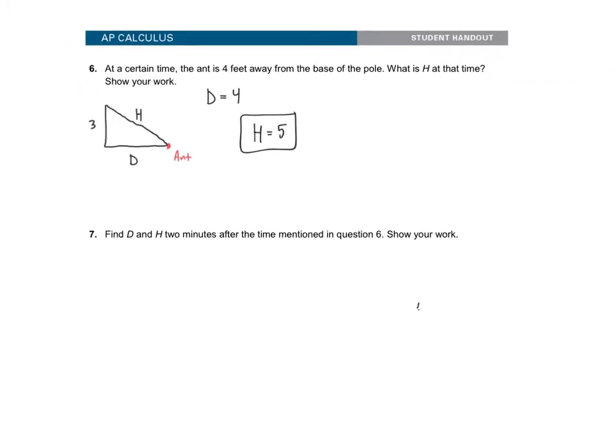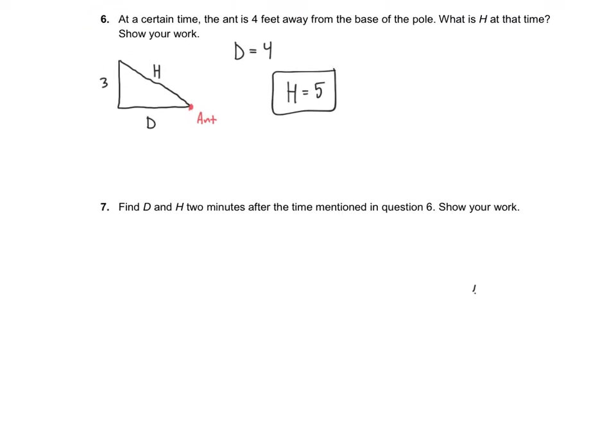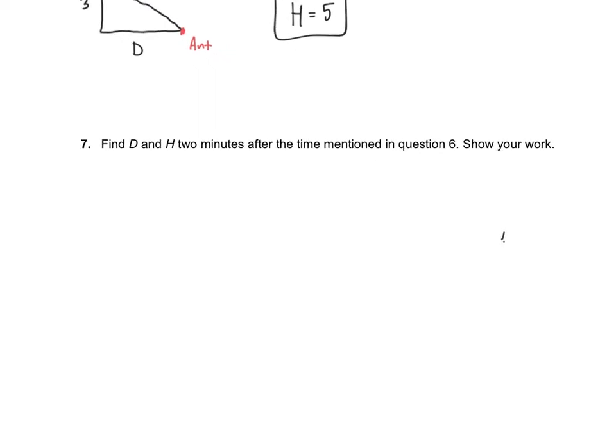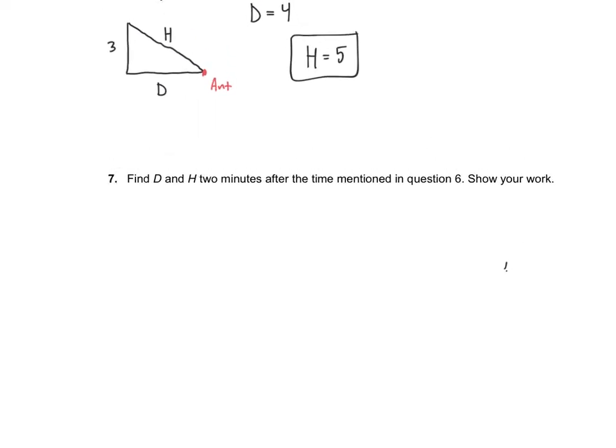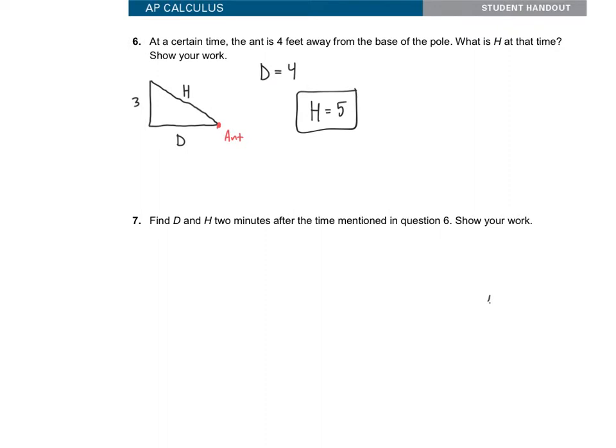Okay, find d and h 2 minutes after the time mentioned in question 6. Let's find d first. In question 6, they're 4 feet away, and remember that the ant was traveling at 2 feet per minute. So at a certain time it was 4 feet, and if it goes 2 feet per minute, then in 2 minutes it's going to go another 2 feet.